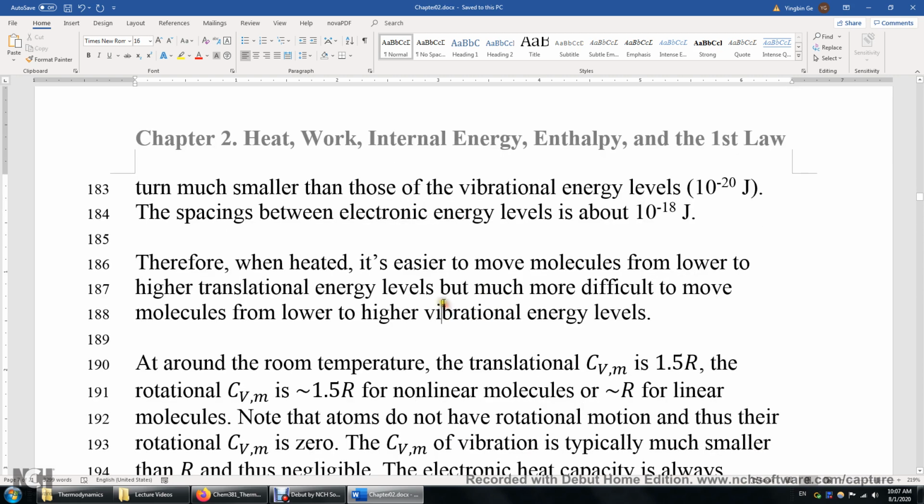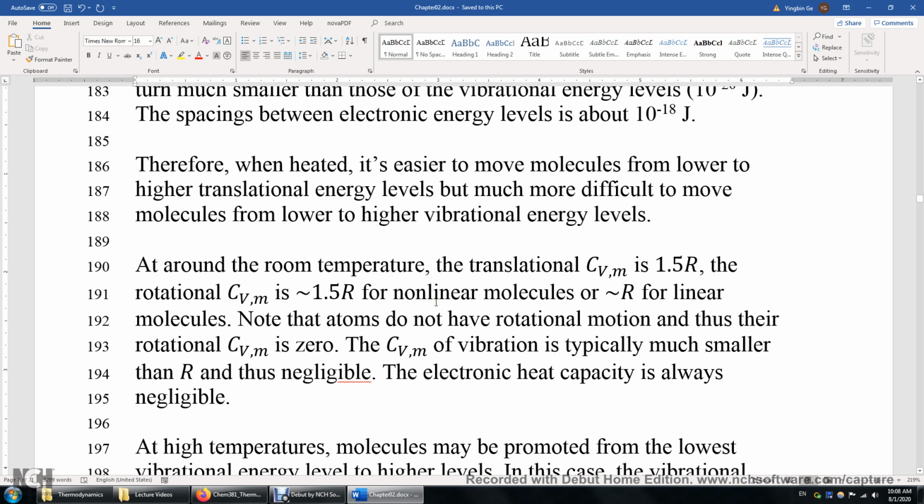Because of that, at around room temperature, the translational molar heat capacity under constant volume condition is 1.5 R. Again, when the energy spacing is small, we will see in each dimension the heat capacity is 0.5 R. And when we talk about translation, there are three different types of translation in three different directions: X, Y, and Z in a three-dimensional world.